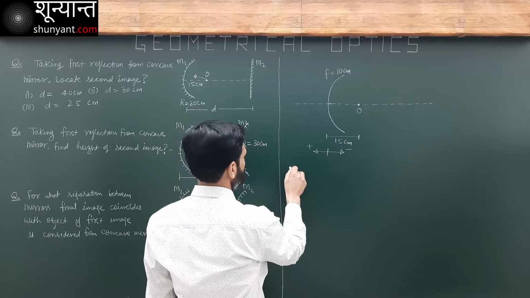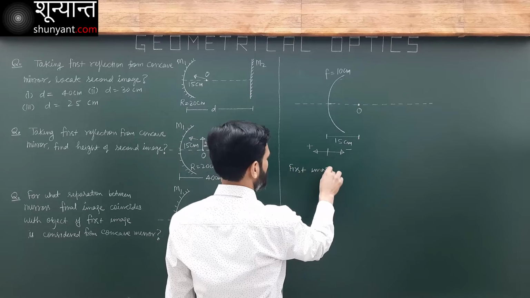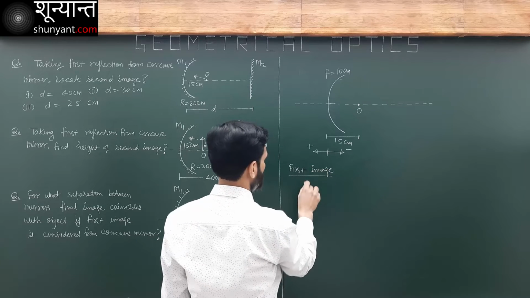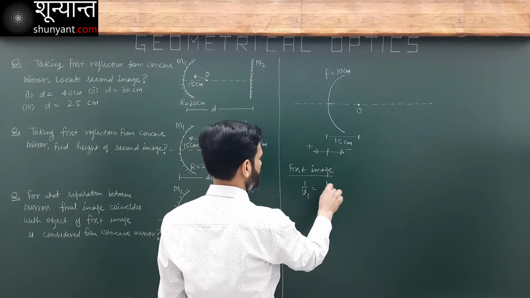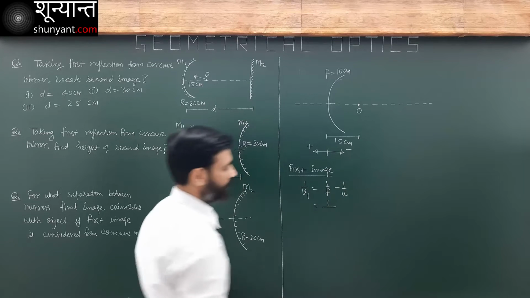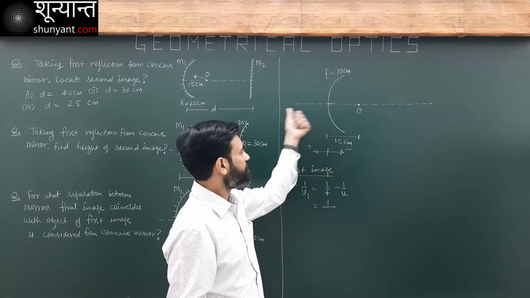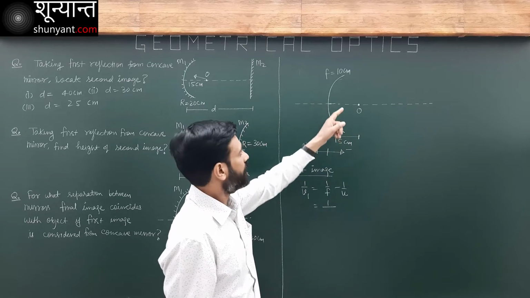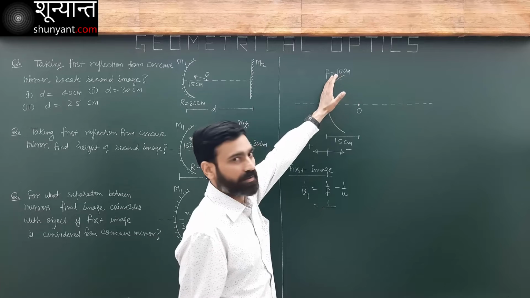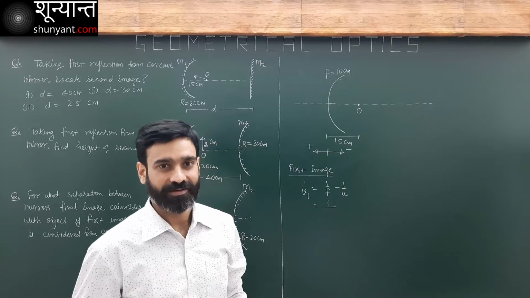Now, the first image. 1 over V1 is equal to 1 over F minus 1 over V. What will be the focal length? This is my sign convention: to the left is positive, right is negative. Wherever the center is, the focus is on the same side.